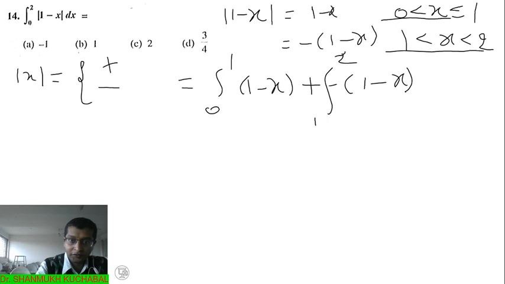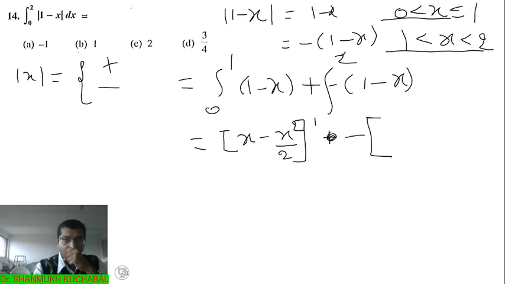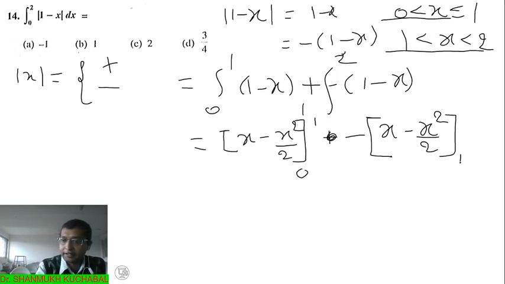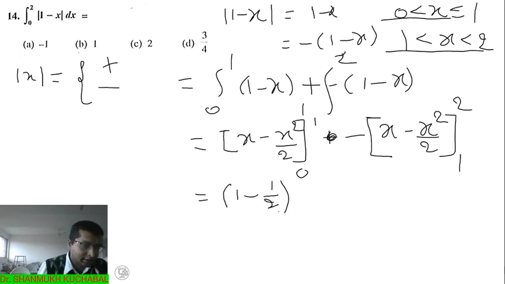So integrating, we get x minus x square by 2, plus the integration of this, plus into minus, minus we get. So the first integration is x minus x square by 2 with limit 0 to 1, and here a new limit, 1 to 2. Now we put x equal to the upper limit, we get 1 minus 1 by 2, minus the lower limit, we get 0.